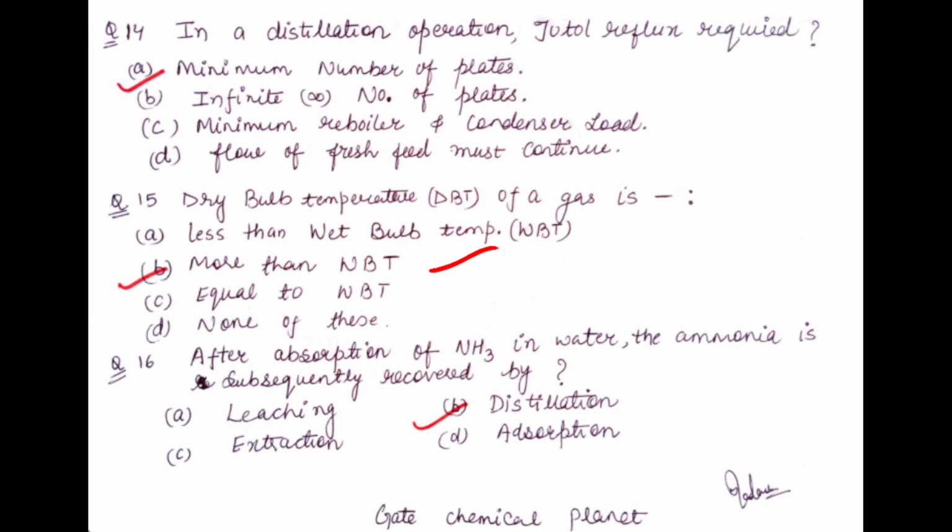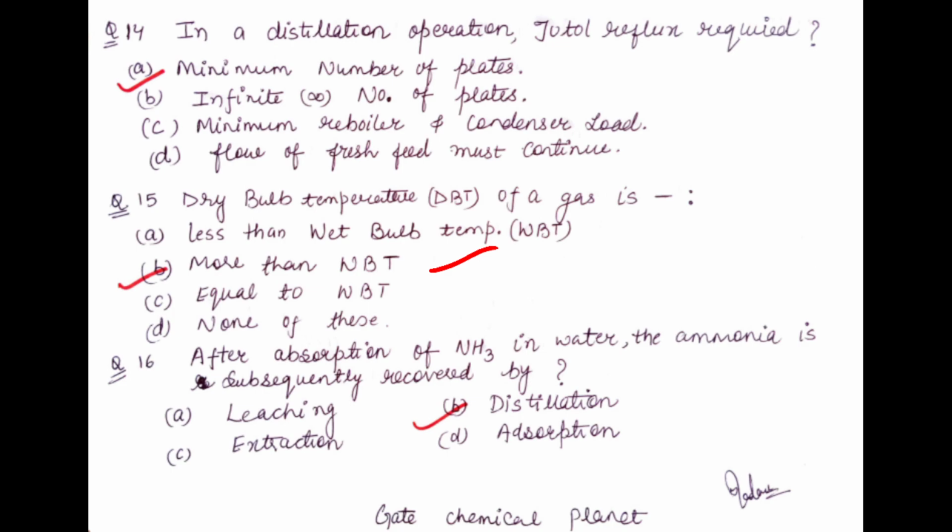Now we will move on to the 16th question. After absorption of ammonia in water, the ammonia is subsequently recovered by which process? Okay, so this question is from the absorption side. Again I am reading it for you. After absorption of ammonia in water, the ammonia is subsequently recovered or removed by which process?